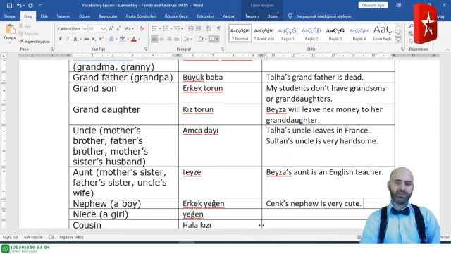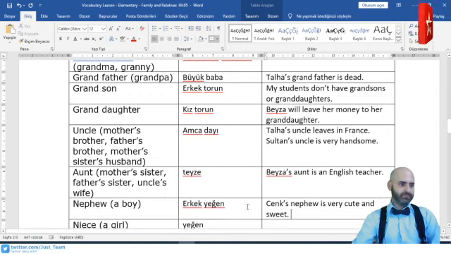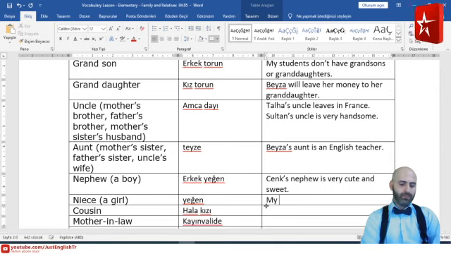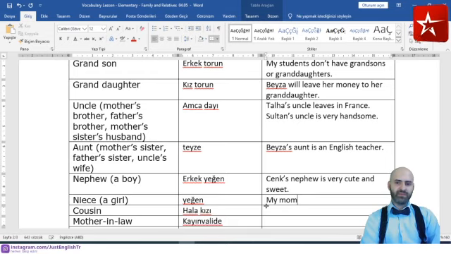Very cute and sweet. Okay. Beyza, I will change your sentence about niece. My mom's niece is my cousin. True.